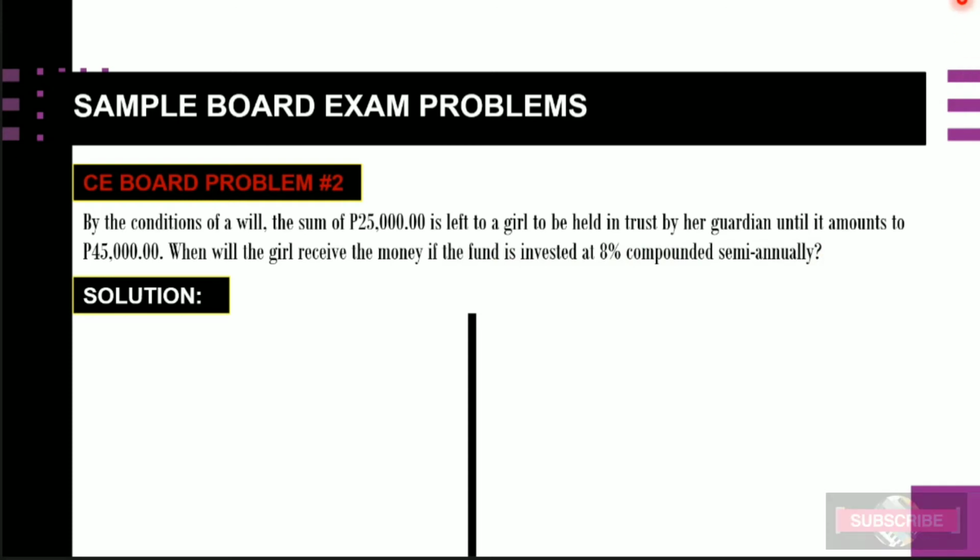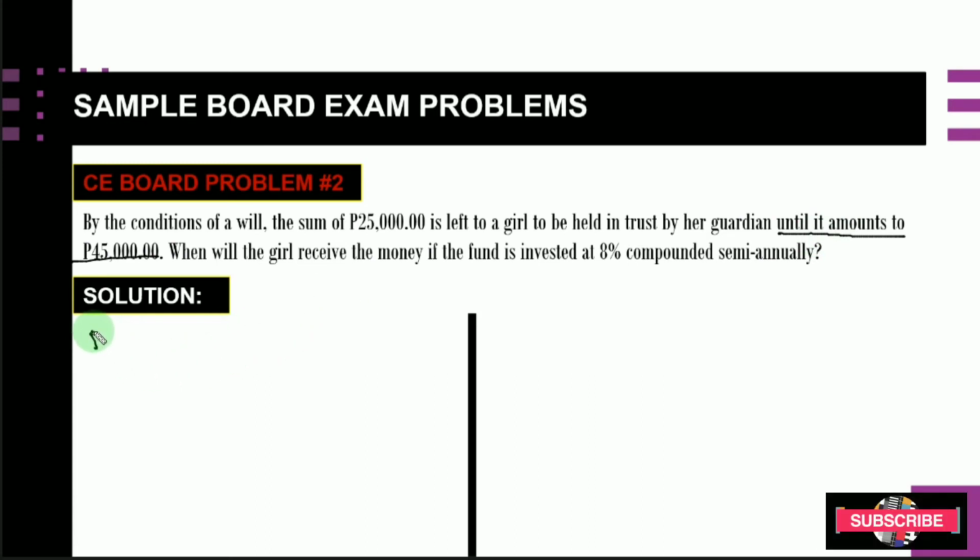Okay? So again, we are going to determine first ang mga given. So the sum of 25,000 pesos is left to a girl. Take note, and then ingon dayon ang problem nga until it amounts to 45,000 pesos. So meaning ang kaning value until it amounts nag-refer na siya sa future amount.